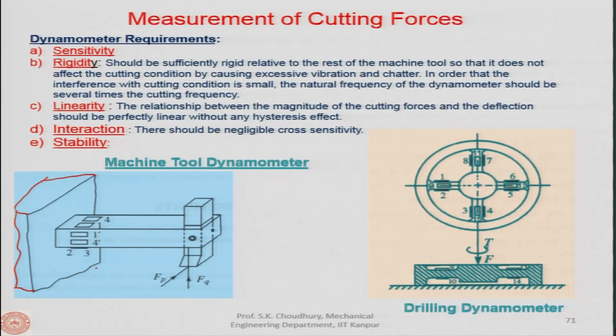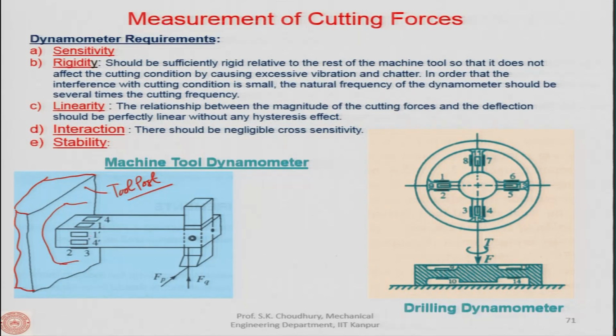Let us say here it is the tool post, and on this we have the dynamometer along with this. So, a part of it will be the dynamometer, of course, and at the end of the cantilever beam, we have the tool fixed.